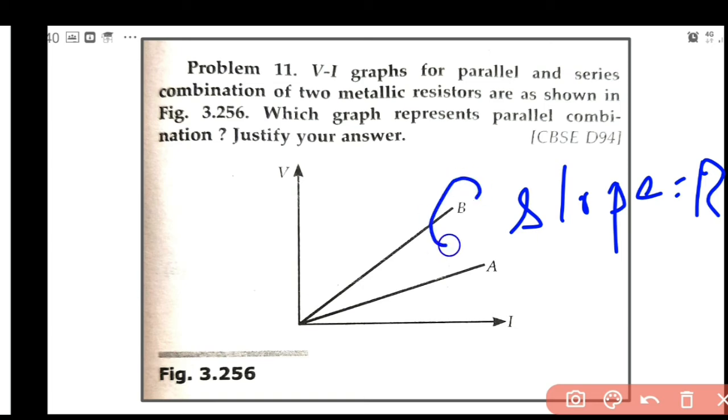Of course it is B, because B is having more slope, so B shows more resistance. So B stands for series, and A stands for parallel. So lowest resistance, for parallel, is for graph A, and the answer is A. Okay, so that's the answer, I have explained.